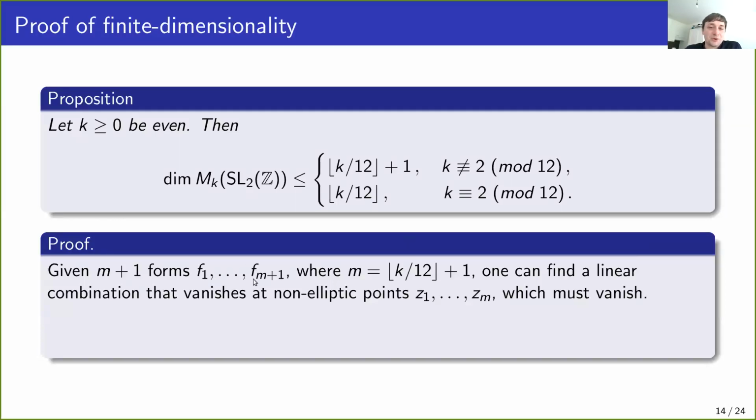And because of the theorem on the total order of vanishing, this cannot happen, because m is strictly greater than k over 12. So all the contributions from that formula are non-negative, and you get a contradiction. So this proves the upper bound. And in the case when k is congruent to 2 modulo 12, there's some funny number theoretical coincidence going on.